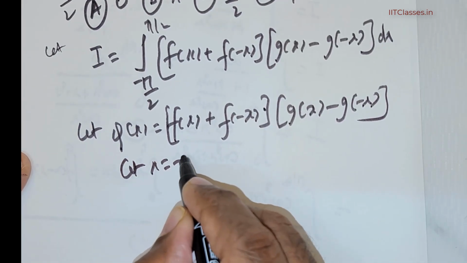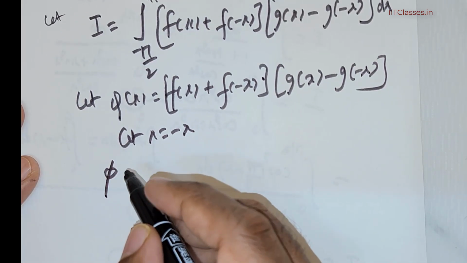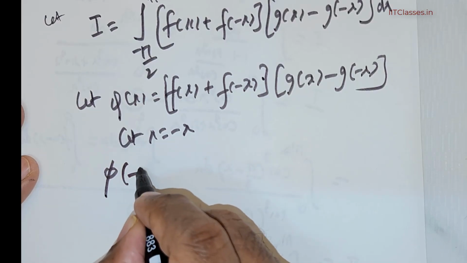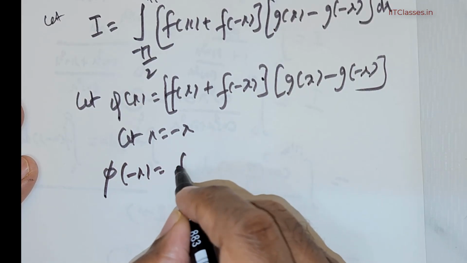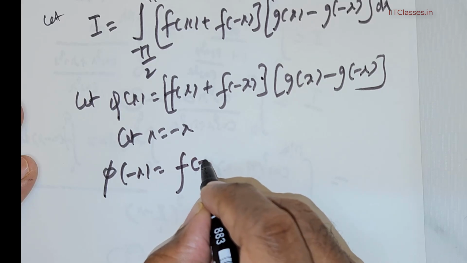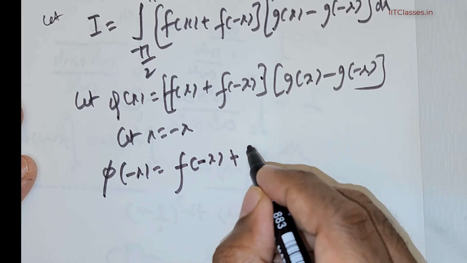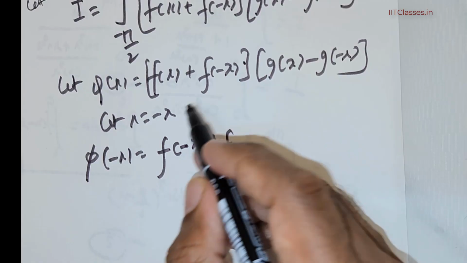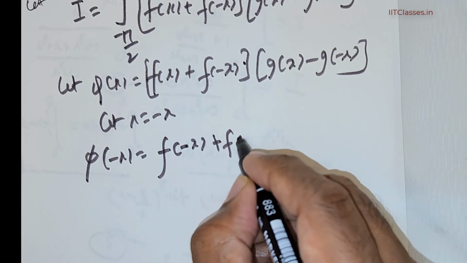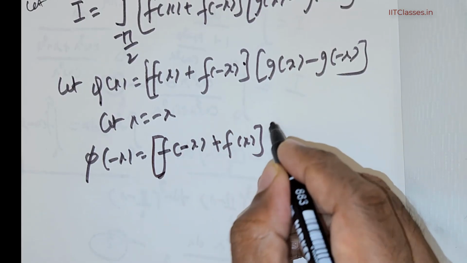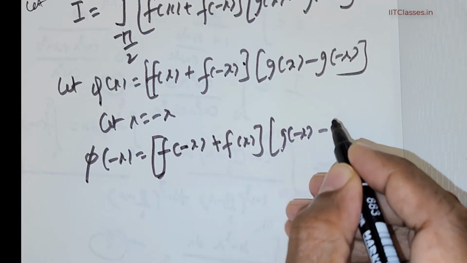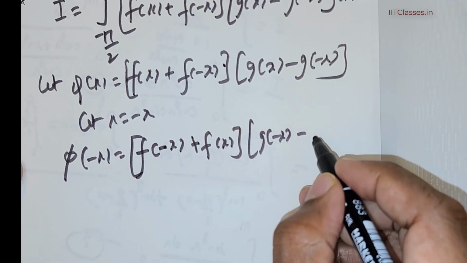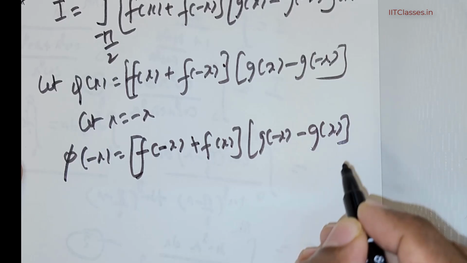Now let me substitute x equal to negative x. So you have phi of negative x equal to, this is f of negative x. When you substitute x equal to negative x, this is going to become f of x. And this is g of negative x. When you substitute x equal to negative x, this is going to become g of x.